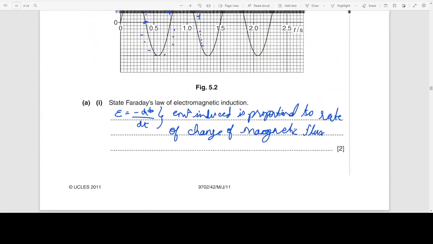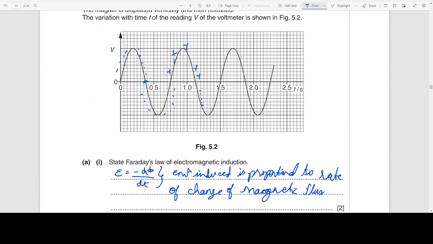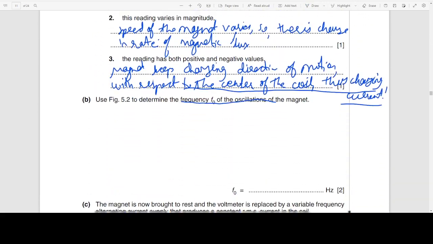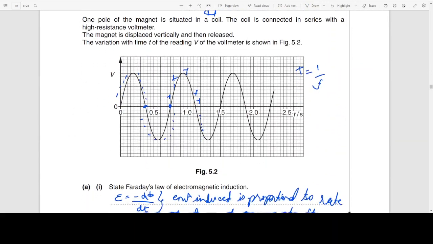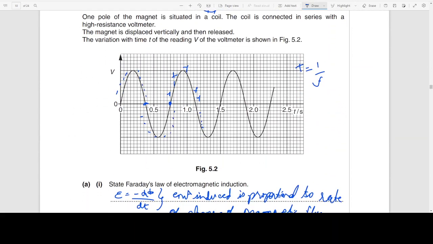We can just calculate the time period, and we know that frequency is 1 upon time period. So time period is 0.75 seconds. I hope you guys know how to calculate time period at least. It's the time it takes for one complete wave. So it starts from here and ends over here, that's why these two start and end points.